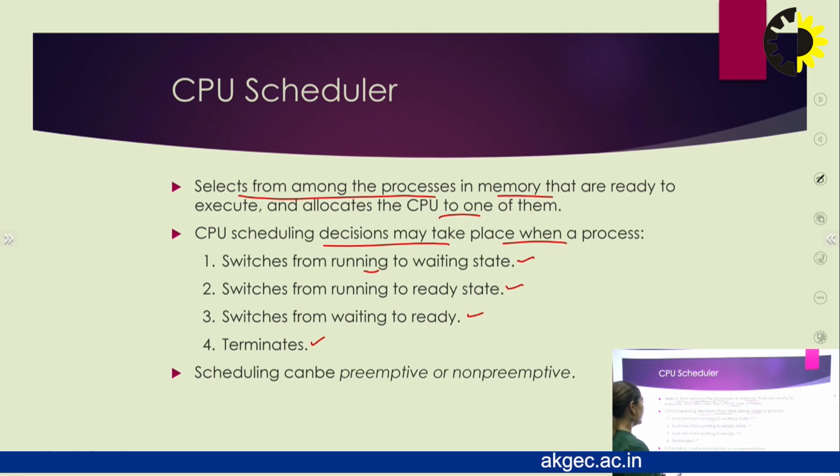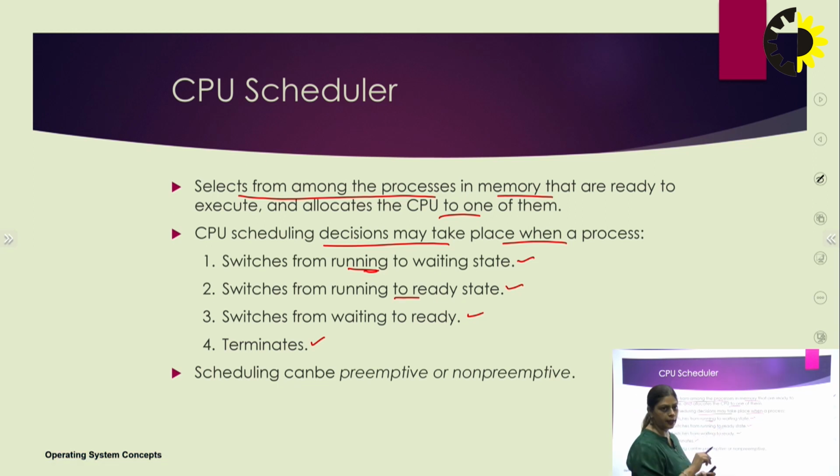When a process is running and it goes to the waiting state, some other process has to come and take the CPU. Then from running to ready state, right? It was running, not going to input output, but for some reason the CPU is snatched from it, means the CPU is taken from it and given to some other job. So it will move from running state to the ready state.